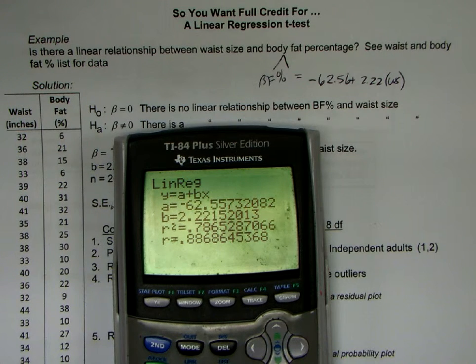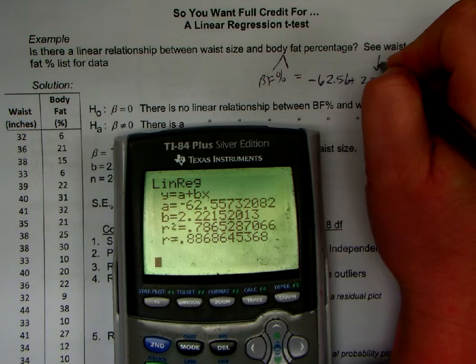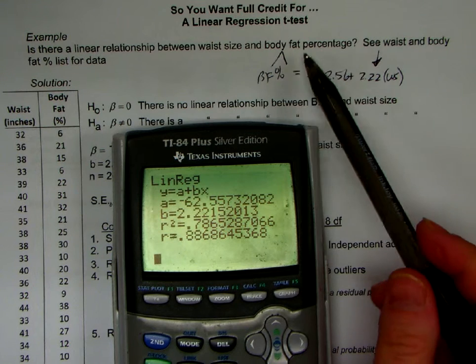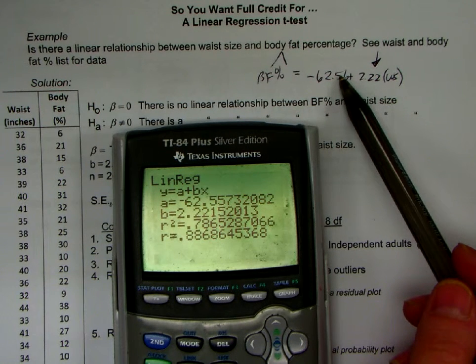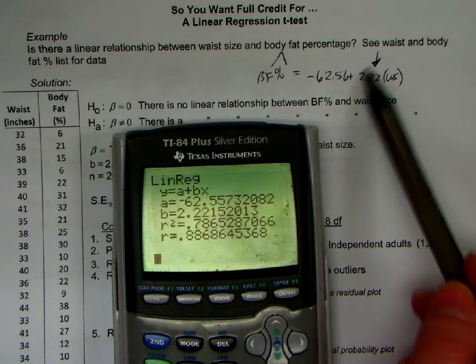If there was no linear relationship between these two variables, you would find that the slope would equal 0, and you would just have the y value equaling one number, and the line would just look like a horizontal line. So no relationship would have a slope of 0.